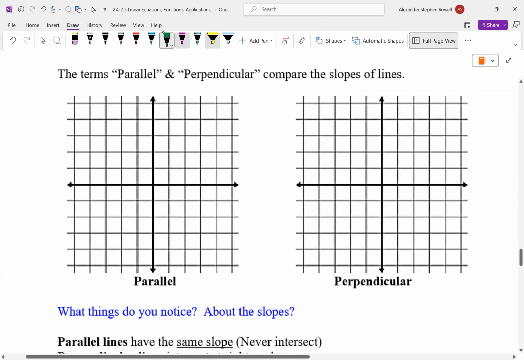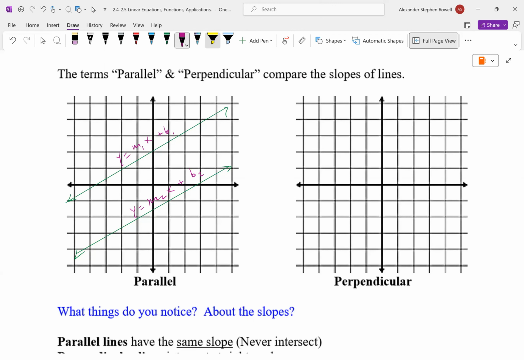Okay, the terms parallel and perpendicular compare the slopes of lines. So what do you know about parallel lines? They'll never cross and they have the same slope. So if I write the equation of one line, y is equal to m1 x plus b1, and the second equation, y is equal to m2 x plus b2.